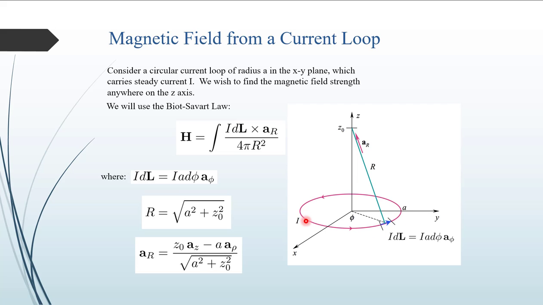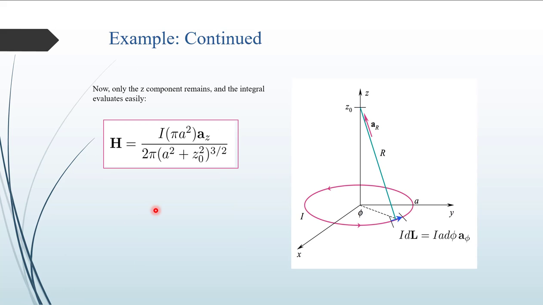After solving, the final equation we'll get is H is equal to I pi a square az cap divided by 2 times (a square plus z naught square) raised to 3 by 2, where a is the radius of the ring.